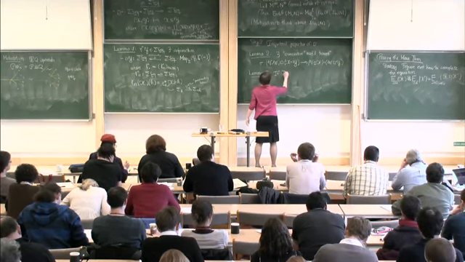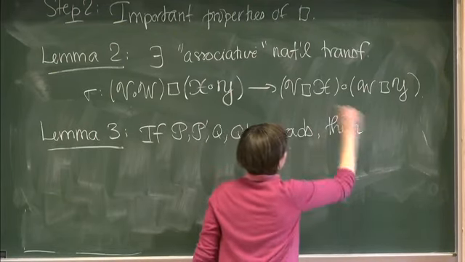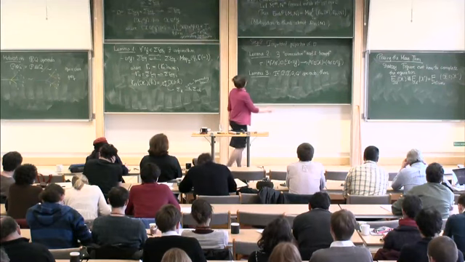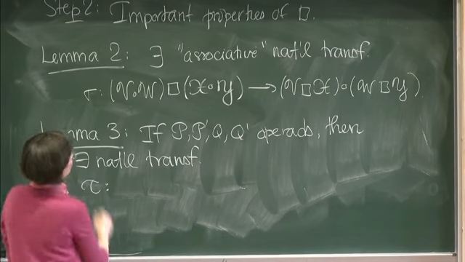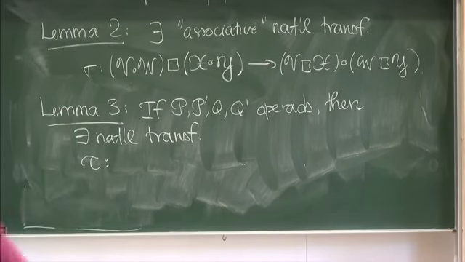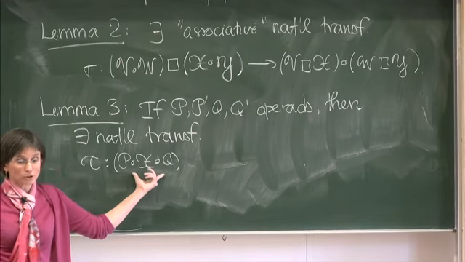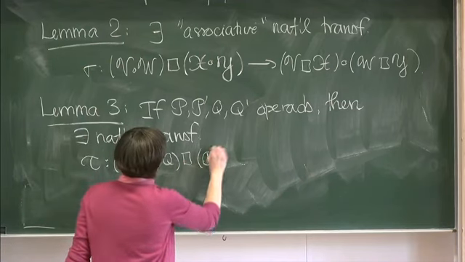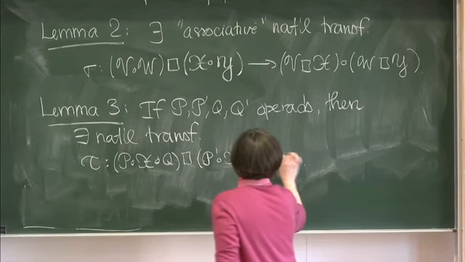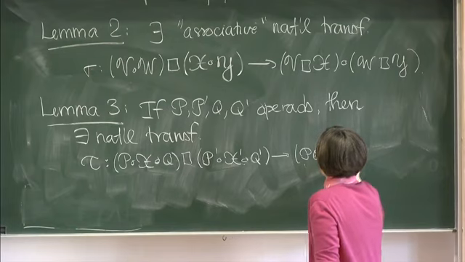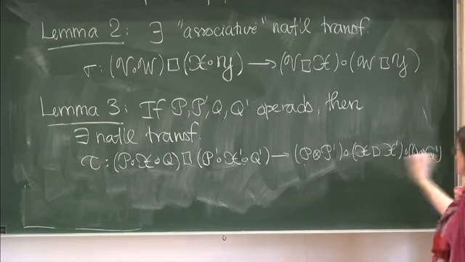But if we now have some operads, then in fact, there exists a natural transformation, continuing alphabetically through the list, we'll call it tau, that takes somebody who looks suspiciously like a free PQ bimodule, somebody else who looks suspiciously like a free P prime Q prime bimodule, and then takes it to something that looks like a free P tensor P prime, Q tensor Q prime bimodule.